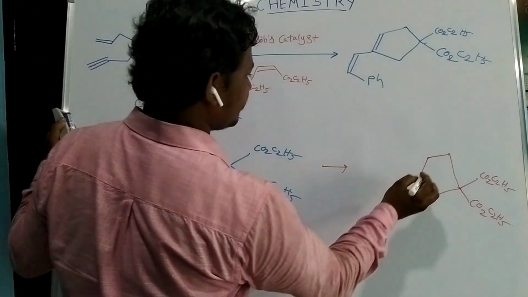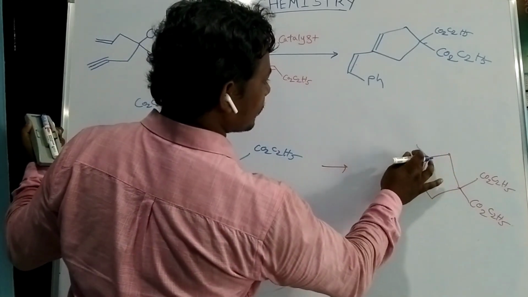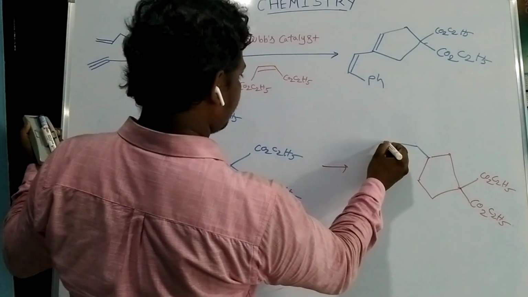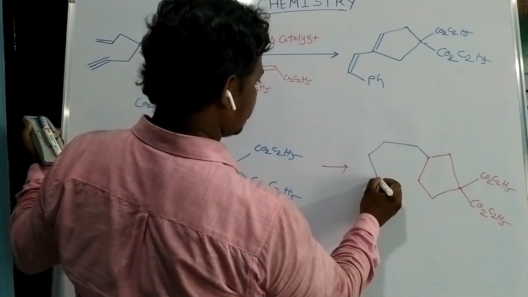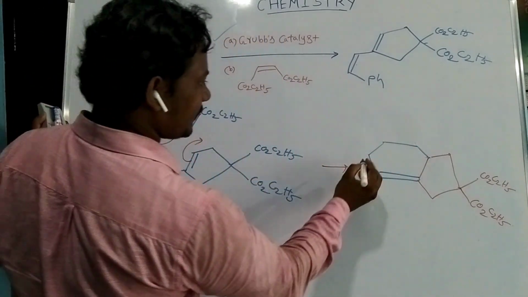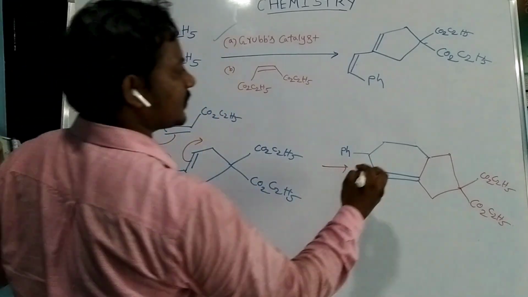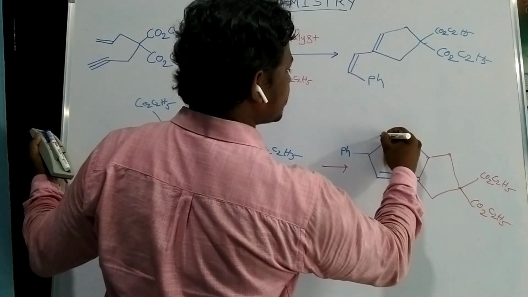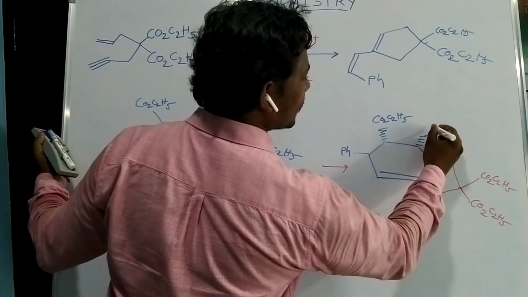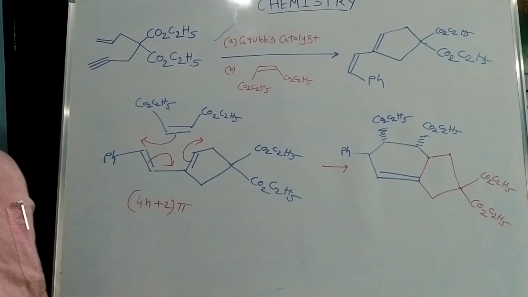For example, here a new bond is formed, a new bond is formed. Here a double bond. Here Ph is there. Both are cis, like CO2C2H5, CO2C2H5. Okay, did you understand?